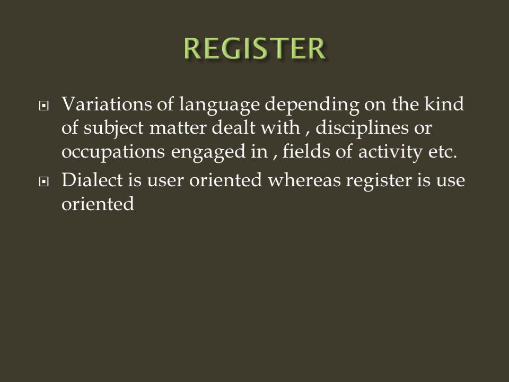For example, a lawyer, while talking to his fellow lawyer, uses legal language. Whereas when he talks with his friends or family, that will not be the usage of language that he is going to make. So the different registers include, for example, legal register, medical register.